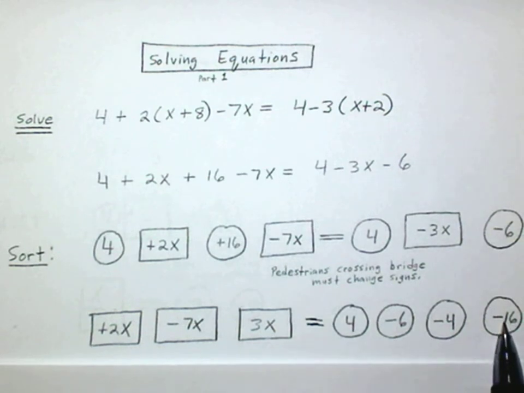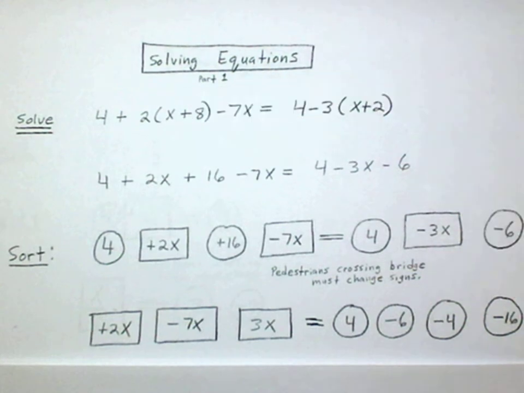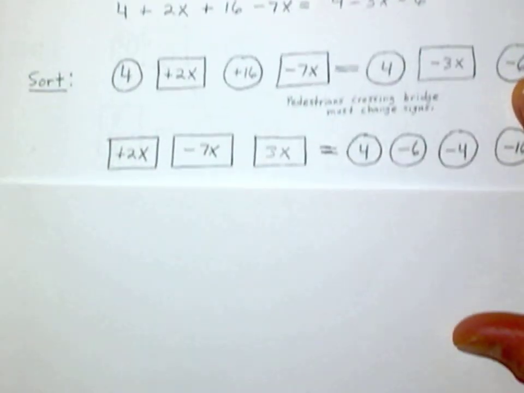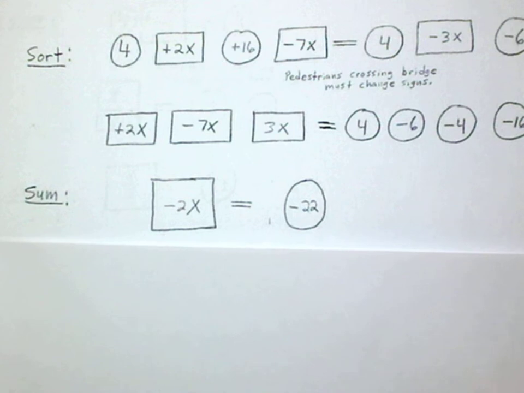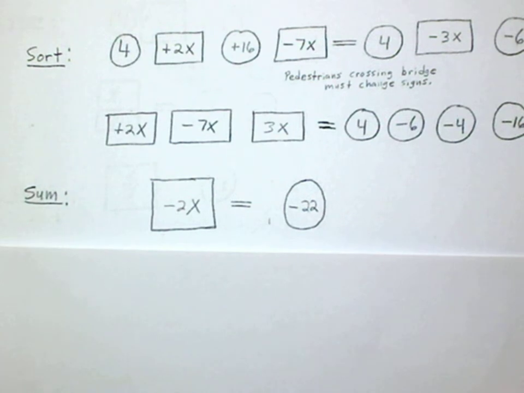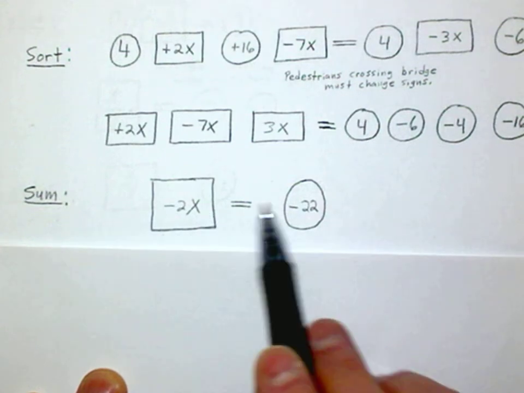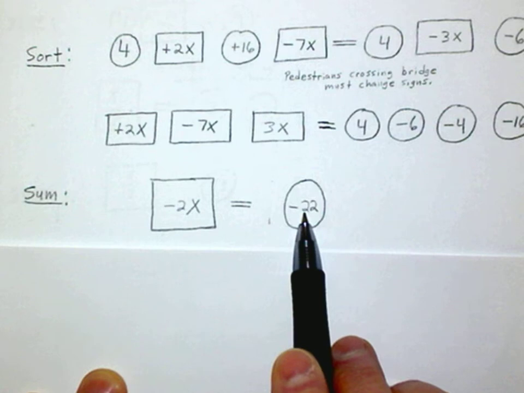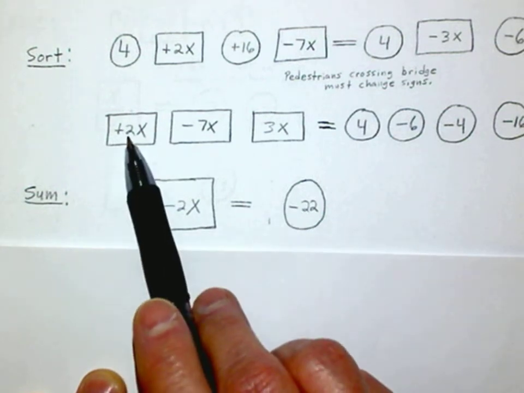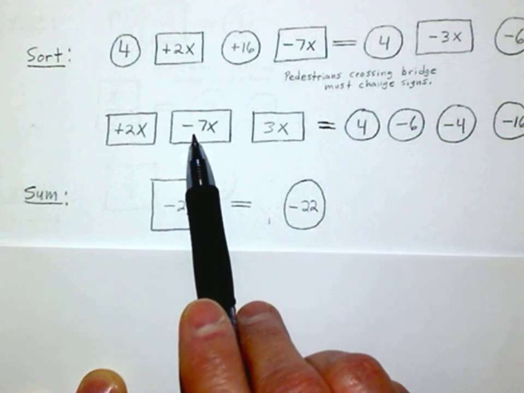Now we're ready for the step that I call sum. We have to sum our terms. In other words, I only want to have 1 box on the left, 1 circle on the right. So to do that I have to sum the terms. 2 and negative 7 is negative 5.